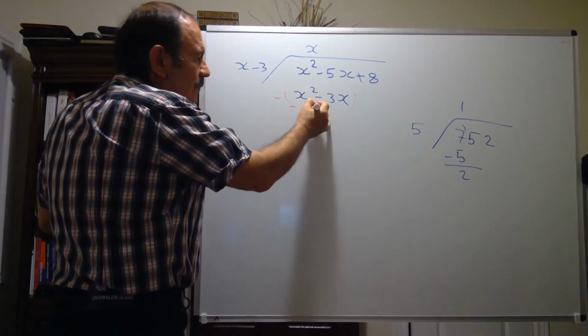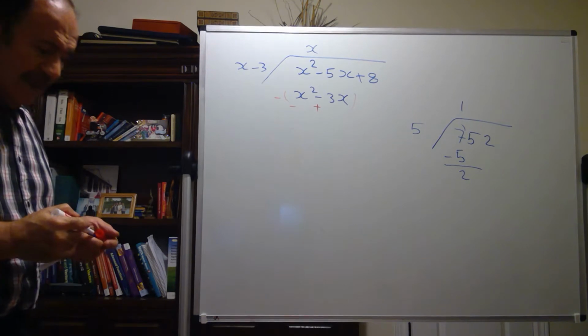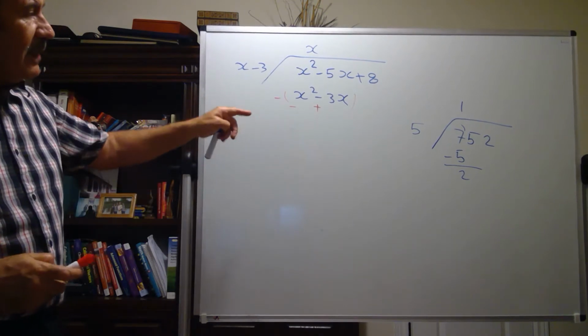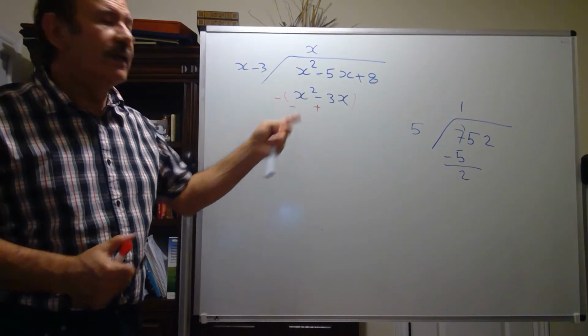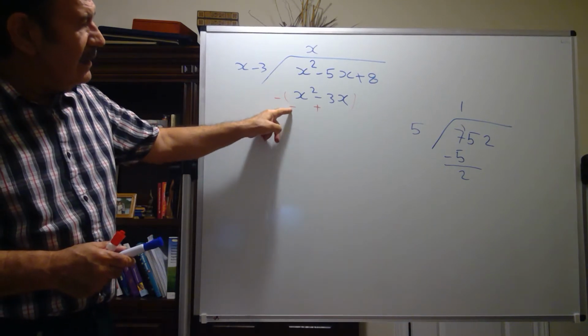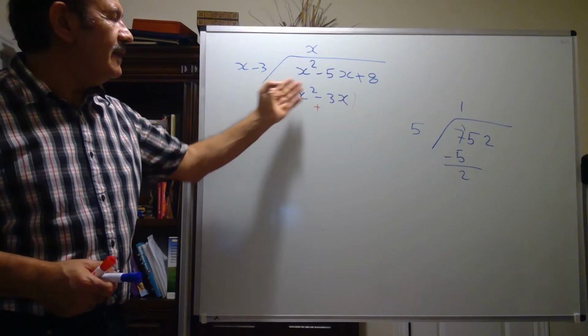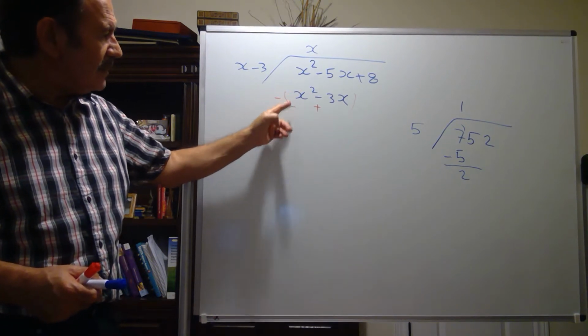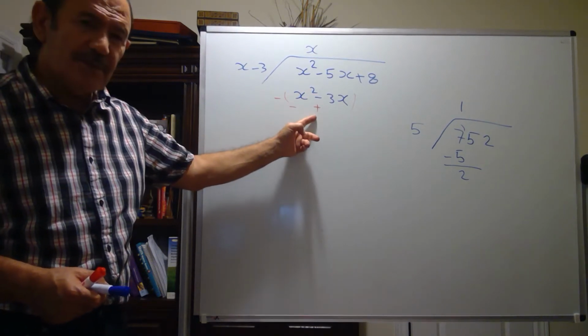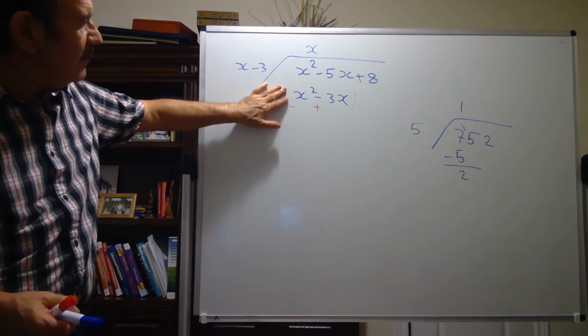Negative times negative is positive. So, to make it easier, we don't need to do this multiplication. Just change the signs: if it's positive, make it negative. If it's negative, make it positive. Actually, this is the effect of this subtraction. Negative times positive is negative. Negative times negative is positive. So, we don't need to write this one.